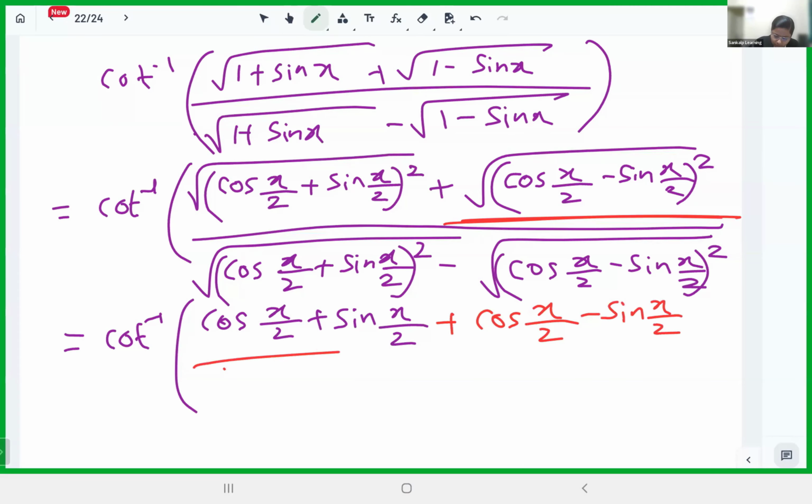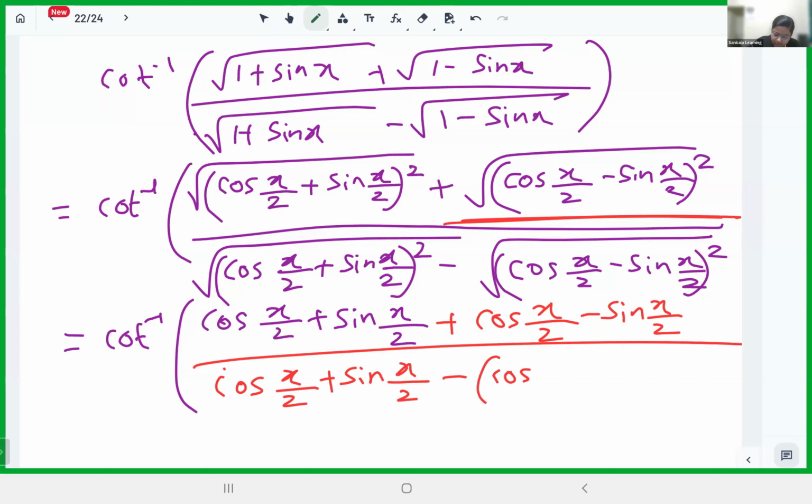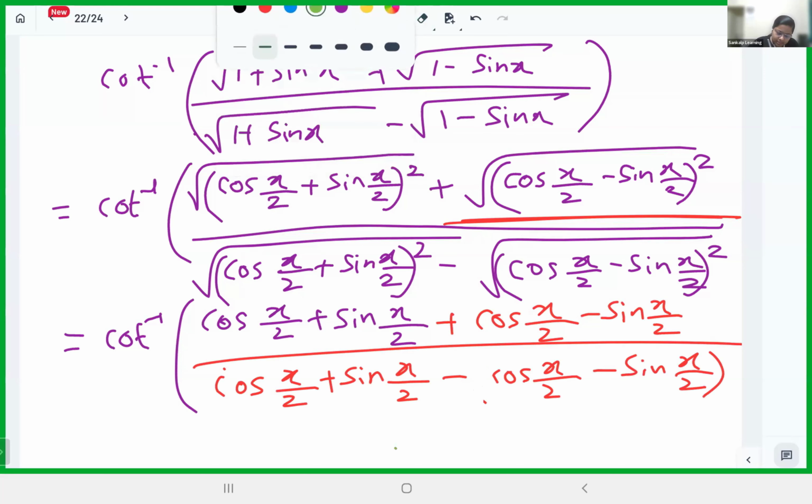Similarly, in the denominator, you can write this as (cos x/2 plus sin x/2) minus (cos x/2 minus sin x/2). Okay, so in the next step, I'm going to take this minus inside the bracket in the denominator. So minus of cos x/2 is minus cos x/2, and minus of minus sin x/2 will become plus sin x/2.